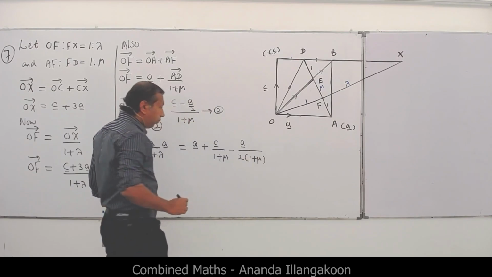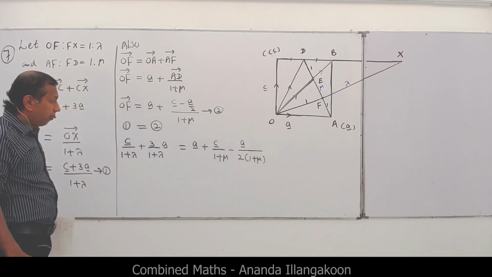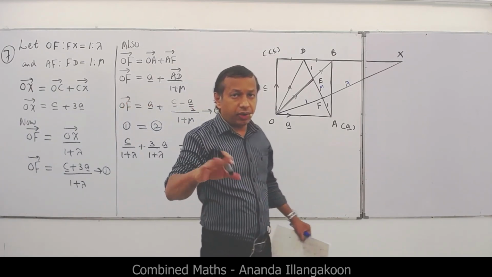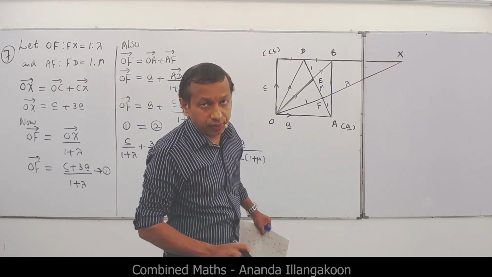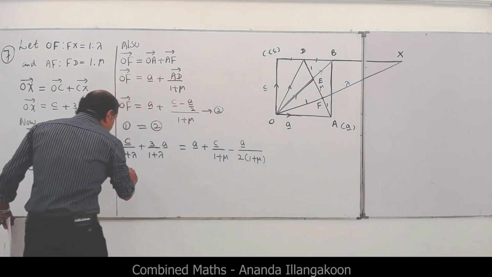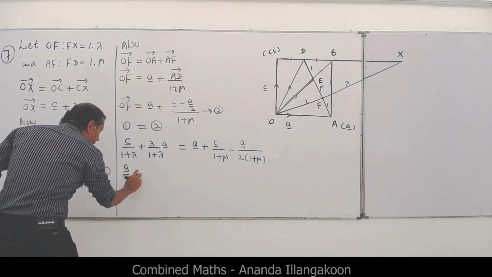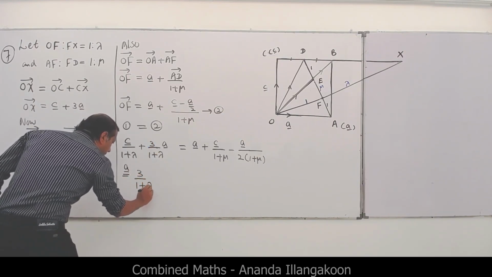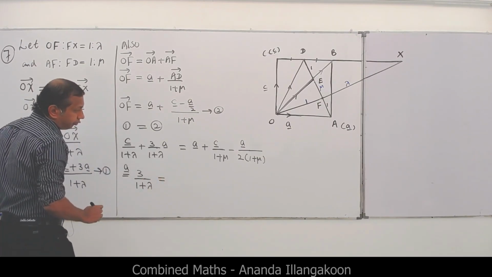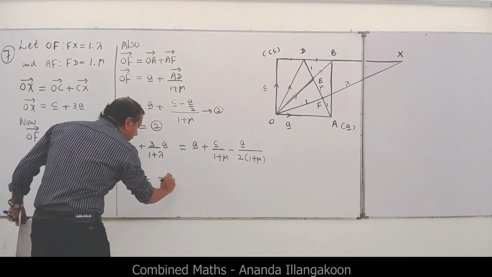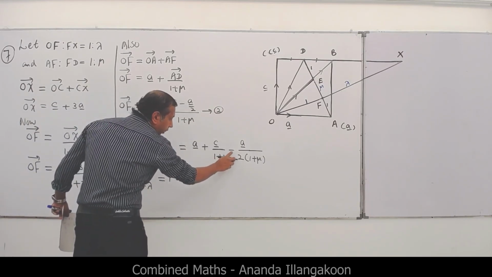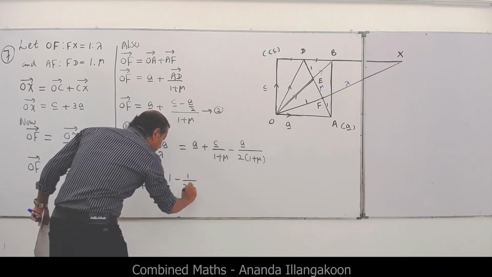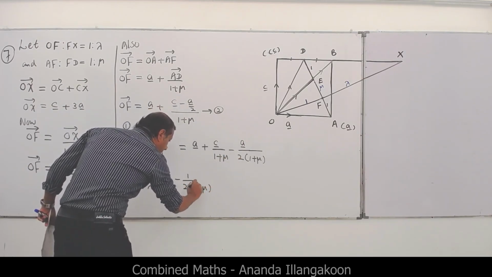Now our purpose is to find this lambda. Then what we can do here, we can equate left and right the coefficients of a and c, right? Coefficients of a, when I equate, 3 over 1 plus lambda equals, right hand side we have 1, and another coefficient we have minus 1 over 2 times 1 plus mu, like this.